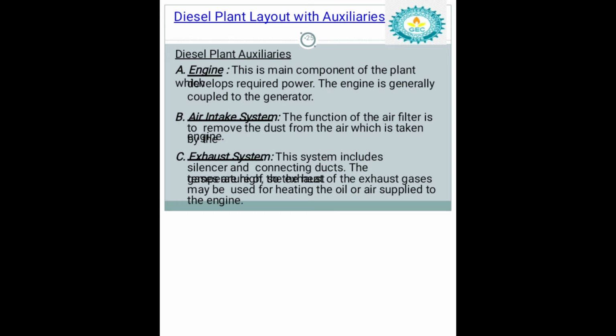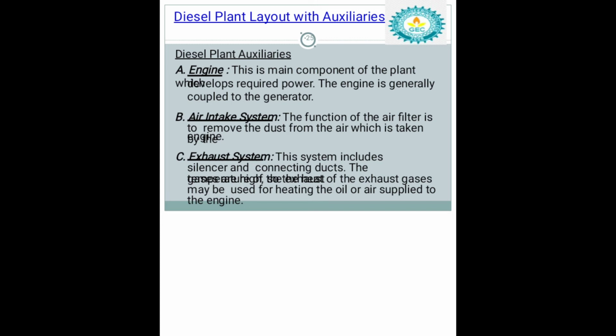So due to the self-ignition property of diesel, high compression causes it to ignite and it develops heat energy. Due to the heat energy, the piston again moves from top dead center to bottom dead center and it is expanded. It gives the work output.